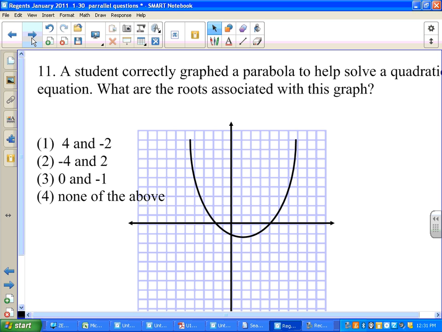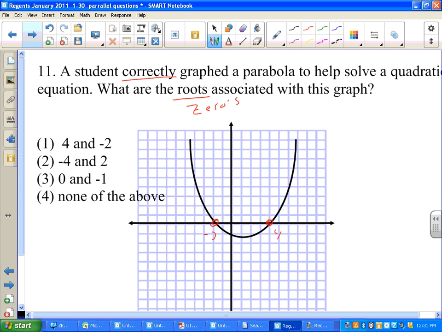Taking a look at number 11, a student correctly graphed the parabola to help solve a quadratic equation. What are the roots in association with this graph? The roots are the same as the zeros. The zeros are where it crosses the x-axis.